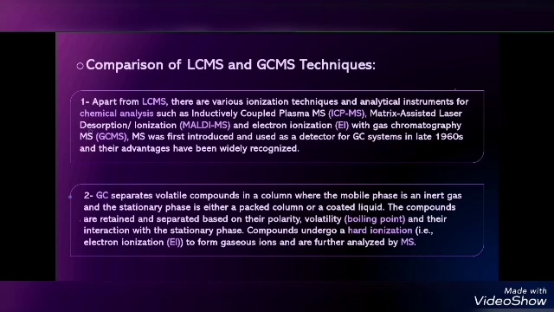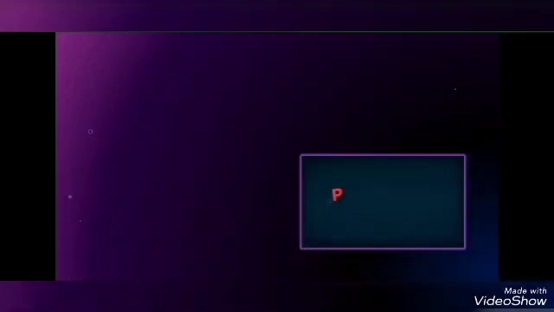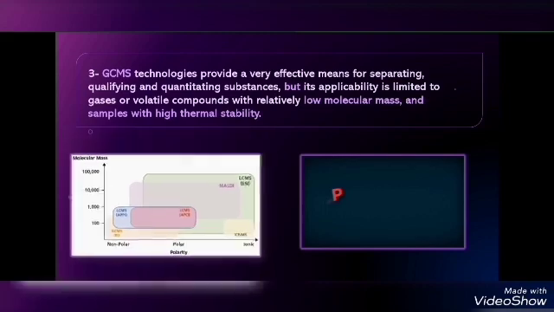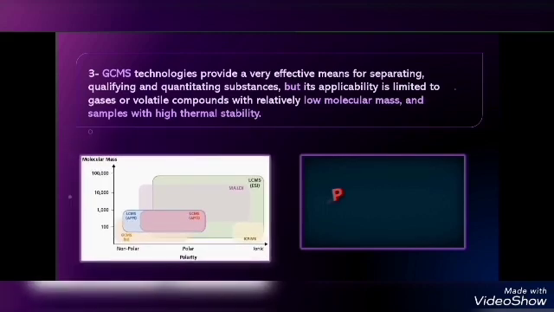Compounds undergo a hard ionization, electron ionization, to form gaseous ions and are further analyzed by MS. 3. GC-MS technologies provide a very effective means for separating, qualifying, and quantifying substances, but its applicability is limited to gases or volatile compounds with relatively low molecular mass and samples with high thermal stability.